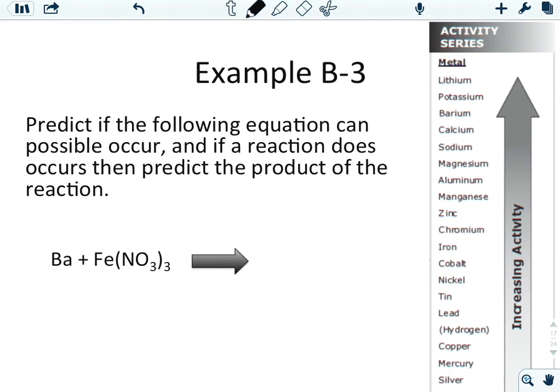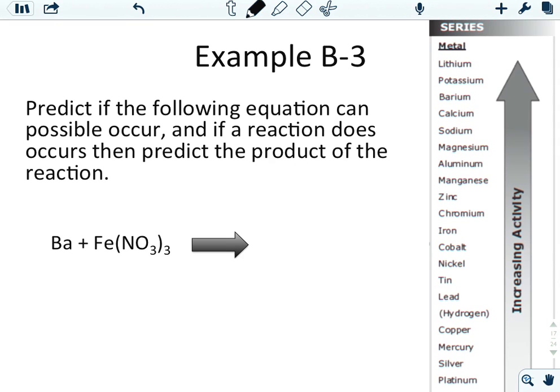Looking at this one, predict if the following equation can possibly occur, and if the reaction does occur, then predict the product. So we have barium trying to replace iron. So we'll find barium. Barium is way up here. Can it replace iron? Iron is going to be right there. It's below it.